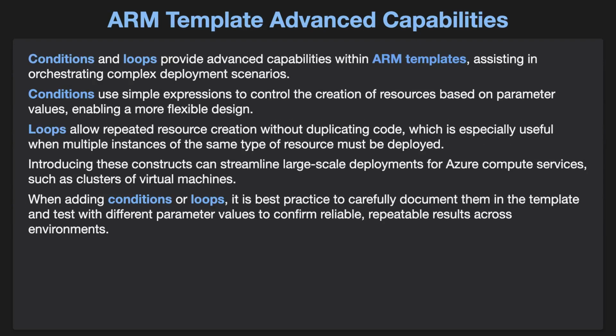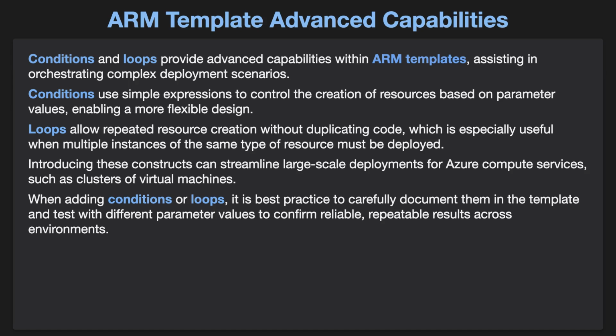Conditions and loops provide advanced capabilities within ARM templates, assisting in orchestrating complex deployment scenarios. Conditions use simple expressions to control the creation of resources based on parameter values, enabling more flexible design. Loops allow repeated resource creation without duplicating code, especially useful when multiple instances of the same type of resource must be deployed.